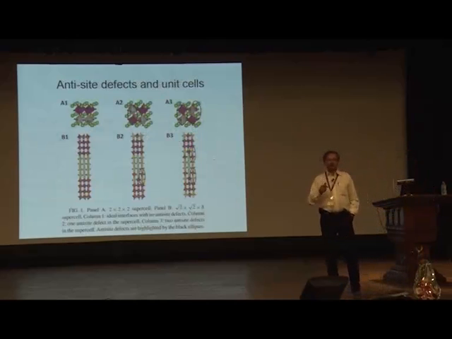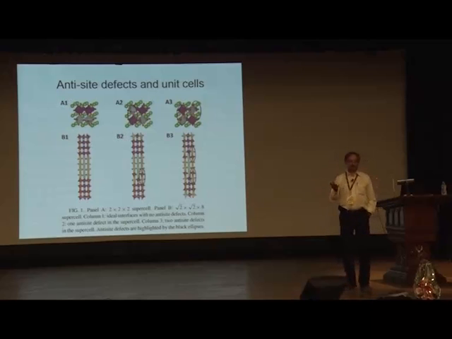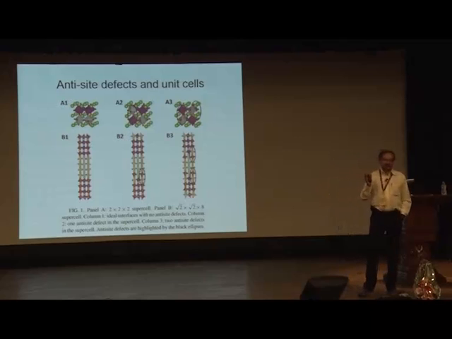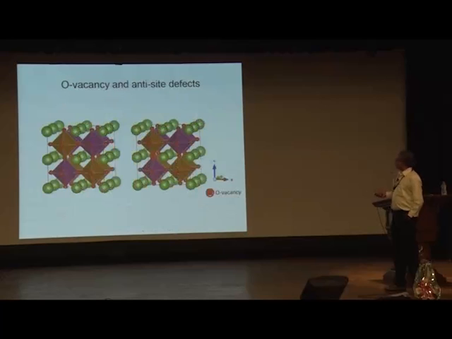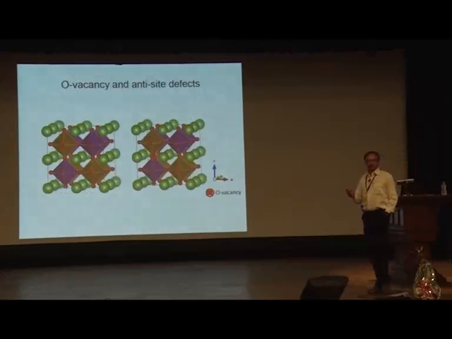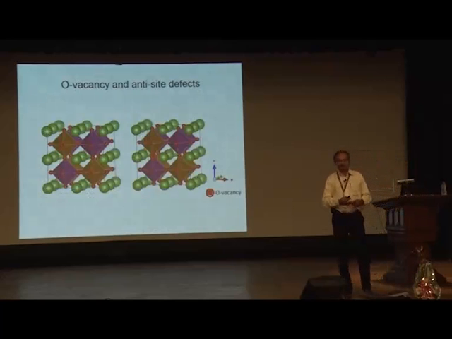Andy Millis and company only looked at the anti-site disorder. What we did is that we actually included oxygen vacancies. For them it was a no-vacancy system, perfectly pure, which we believed was not possible. There has to be oxygen vacancies, and then we put in oxygen vacancies, and we found the trouble there is that with oxygen vacancies, this unit cell is huge.